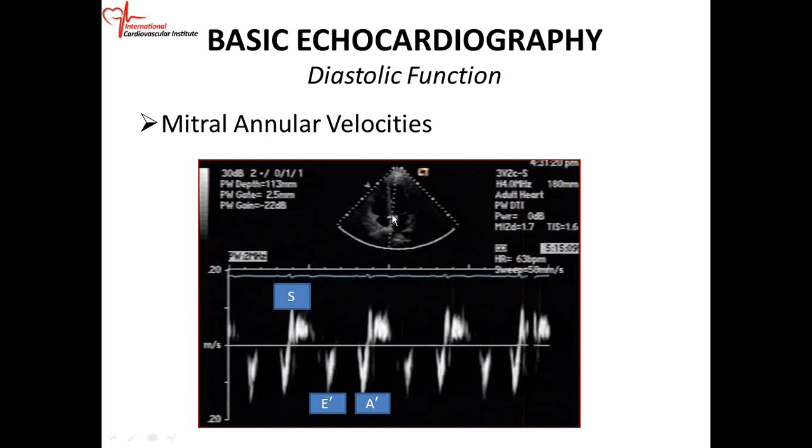And then in diastole, the annulus moves downward, away from the transducer. So we get your E prime and your A prime. Okay? So you have the S prime wave, E prime, A prime, S prime, E prime, A prime. That is tissue Doppler imaging. It is a pulse wave Doppler, but we measure in centimeters per second.